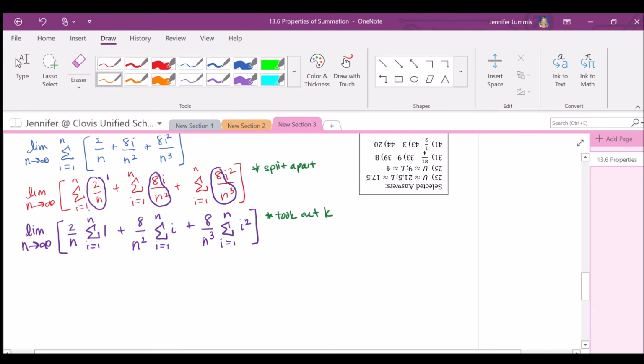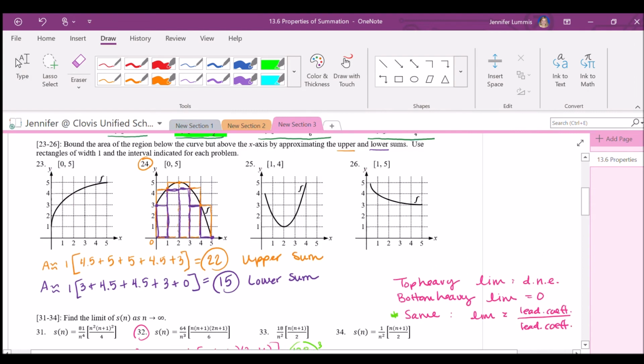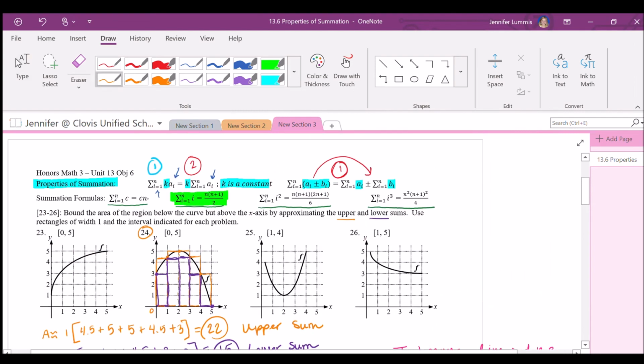So I have a sum from 1 to n of a constant, a sum from 1 to n of I, and a sum from 1 to n of I squared. I have those formulas back here at the beginning. Here's the one for the constant, the one for I, and the one for I squared. So we're using all three.